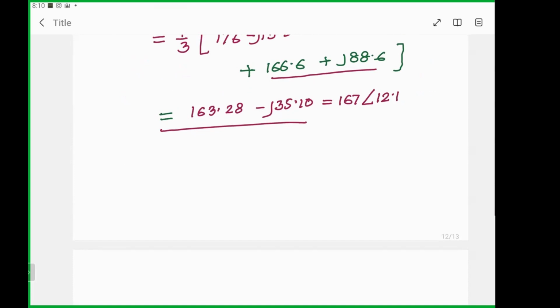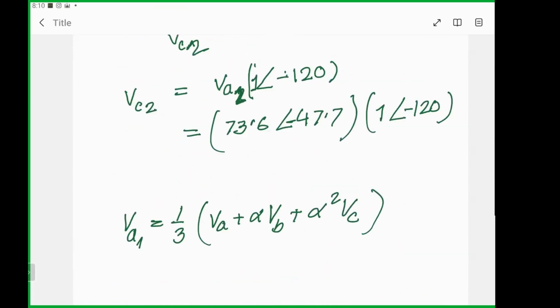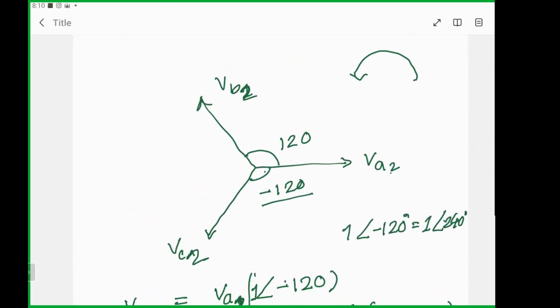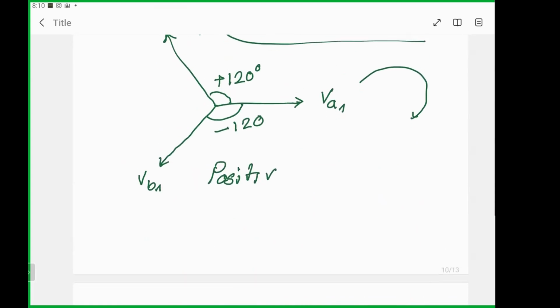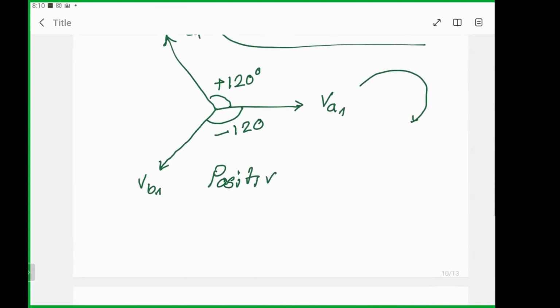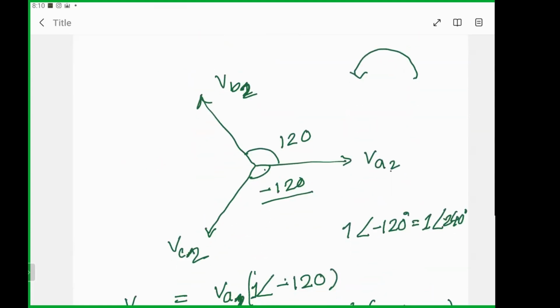So we need to find out VB1, and if you remember the phasor diagram, we need to remember the phasor diagram. A2 is minus, B1 is minus 120 or plus 240. So both are correct.